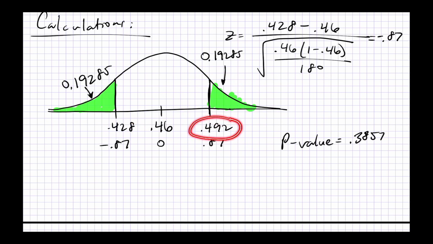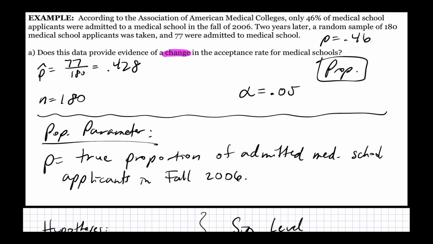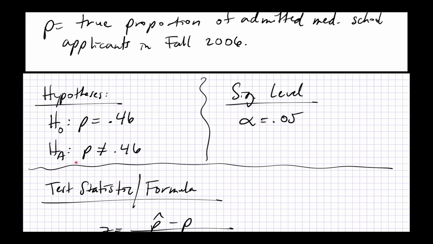Yeah, so how did I get 0.492? 0.46 minus 0.428. Found the distance here and added it. Instead of subtracting it from 0.46, I added it to 0.46 and I got that there. Okay. So if you have an alternative hypothesis that's not equal to, you better have shades on both sides. Okay.